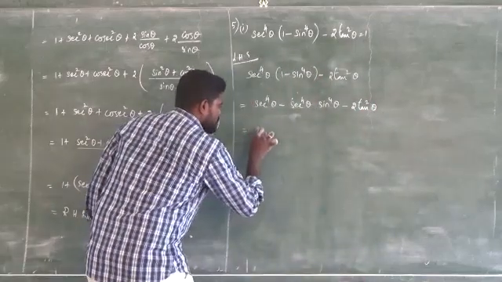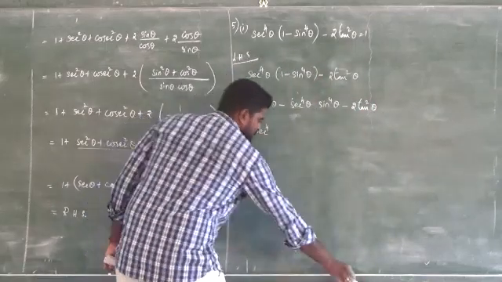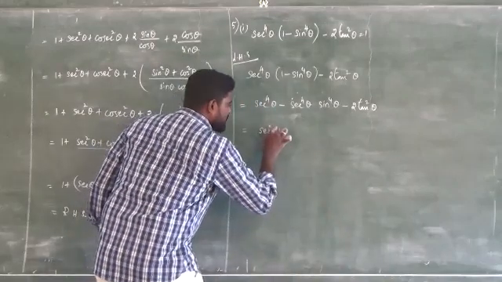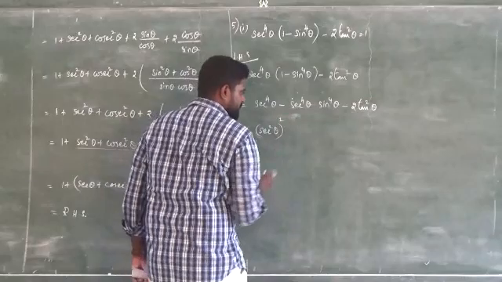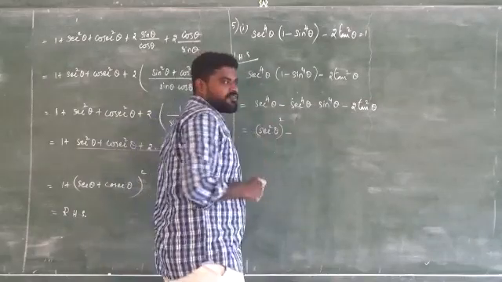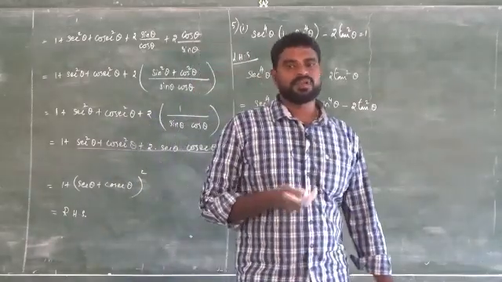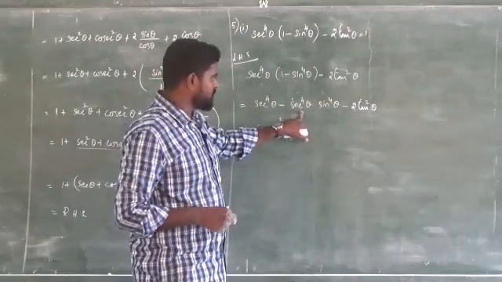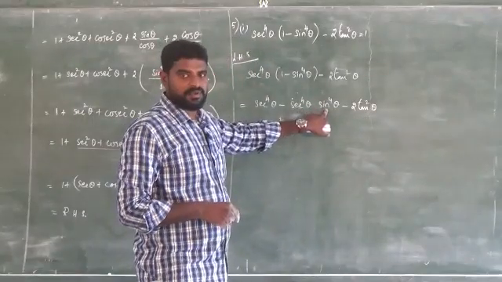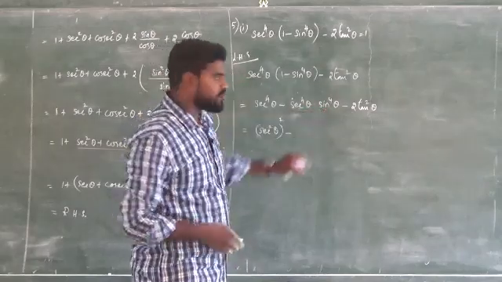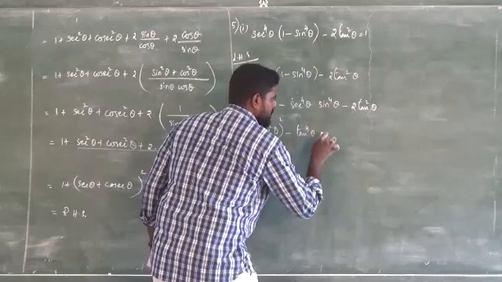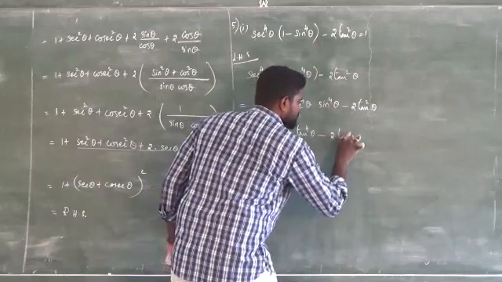So it is equal to secant power 4 theta. So secant power 4 theta can be written as secant square theta whole square minus, secant is the reciprocal of cos. So secant power 4 can be written as 1 by cos power 4. But here we have sin power 4. So sin power 4 by cos power 4 becomes tan power 4 theta minus 2 tan square theta.